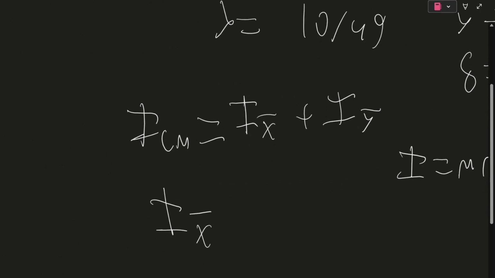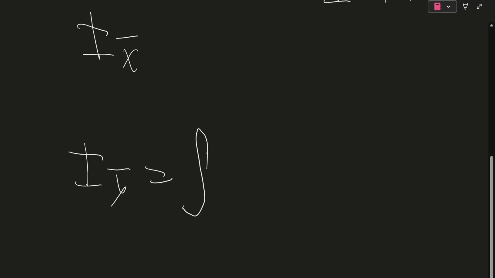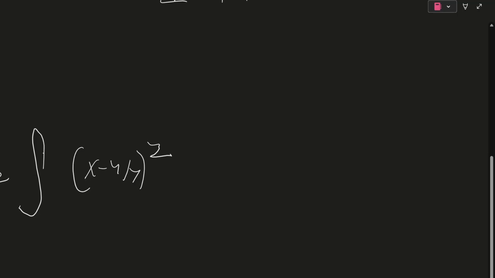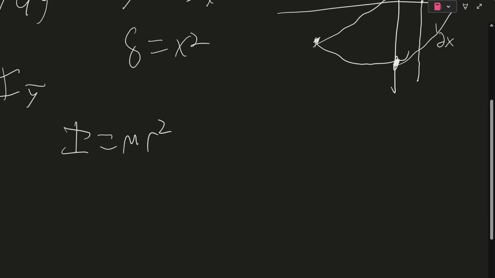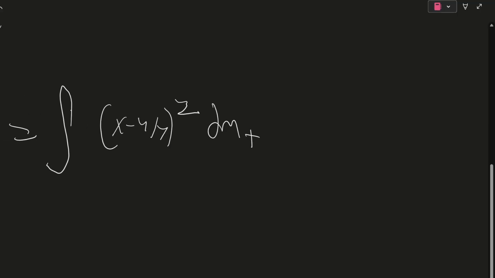So it's going to be x minus 4/7 squared, and then dm. And keep in mind, this is going to be a dm strip.